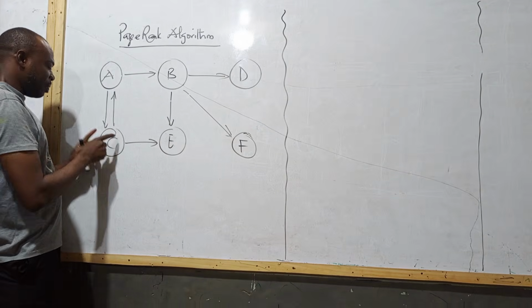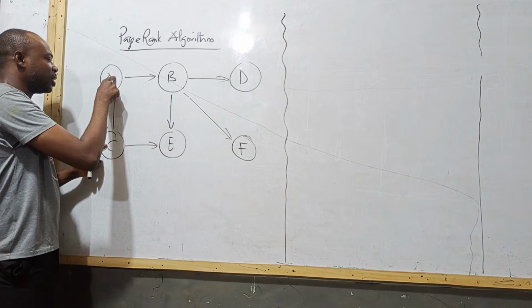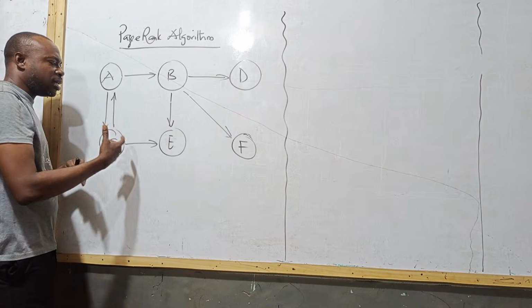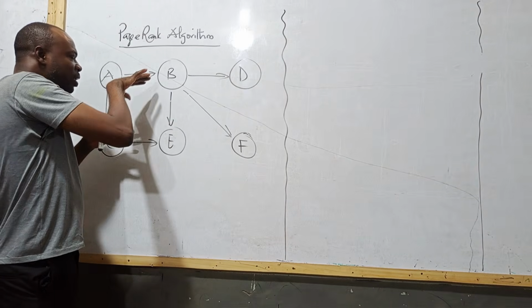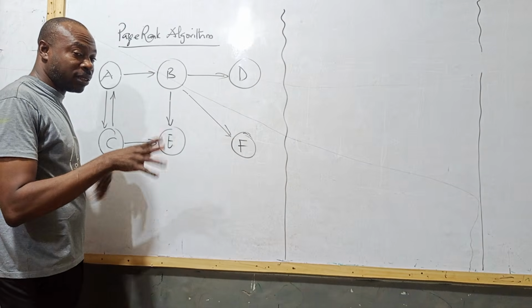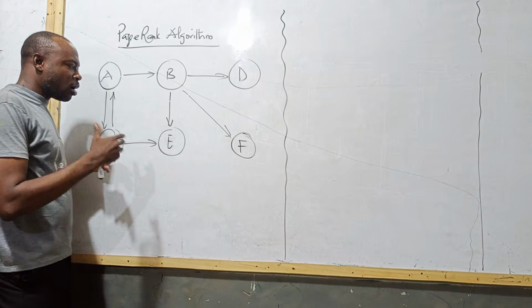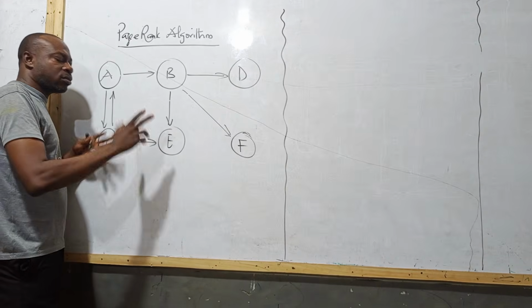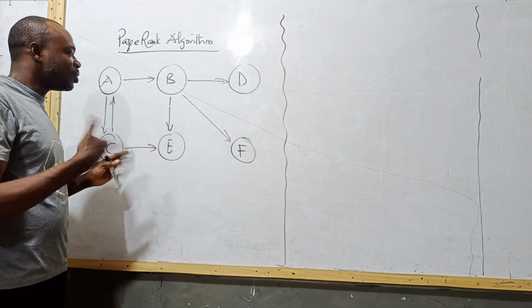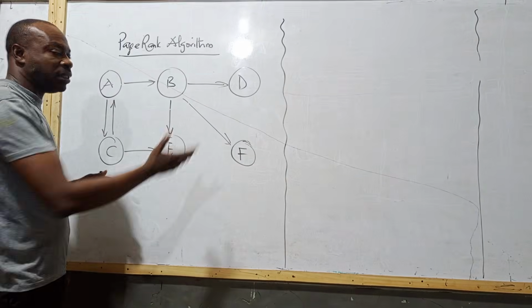Or if I'm here, I can click something and it takes me there. Then I click on this one too, and it takes me somewhere. So at the end of the day, you'll be surfing around some kind of web pages. But you can also make up your mind to go outside and click something in a different tab altogether, so that it takes you out of it.